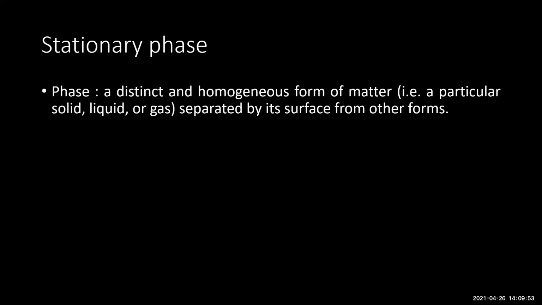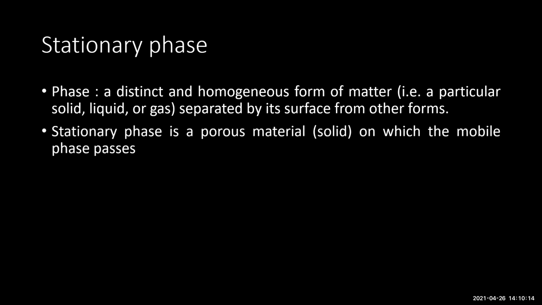So phase can be in any of the three states. It can be solid, liquid, or gaseous. It is separated by its surface from other forms, so it is independent, which is a homogeneous form of matter.